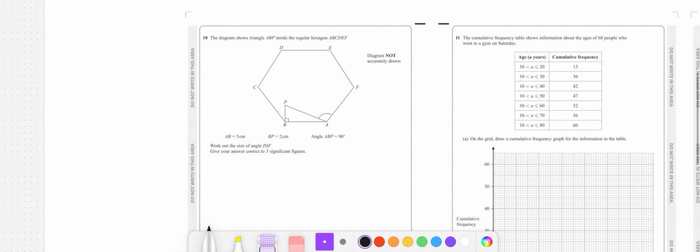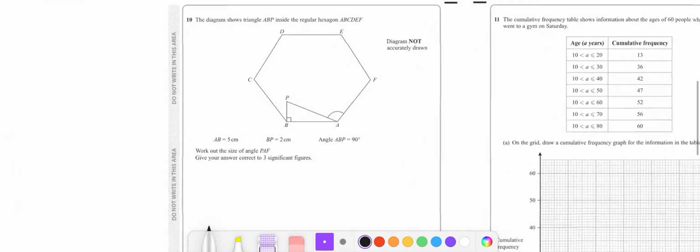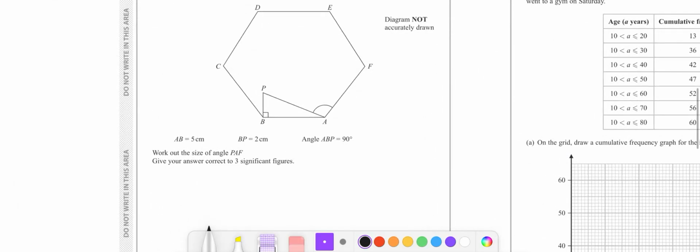Diagram shows the triangle ABP inside the regular hexagon ABCDEF. AB is 5, so that means that all of these are 5.